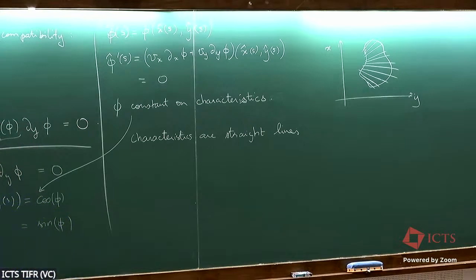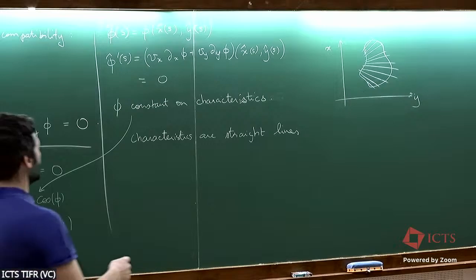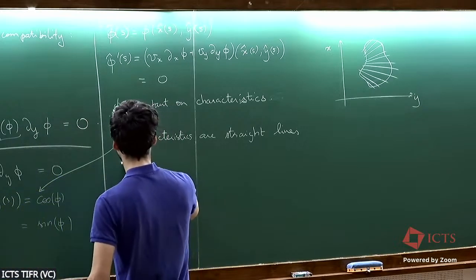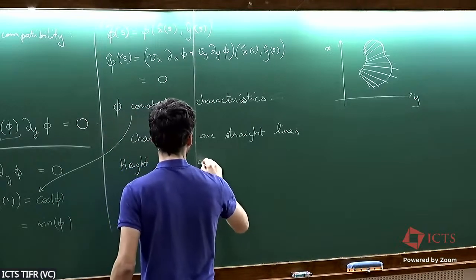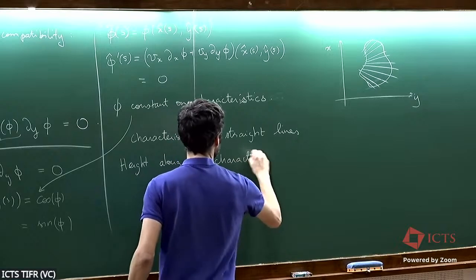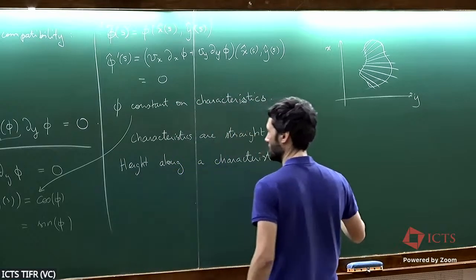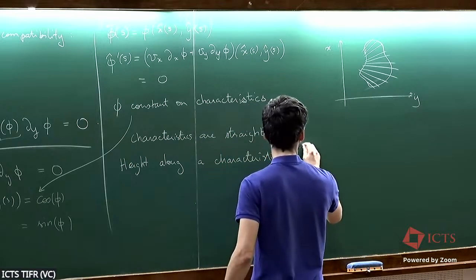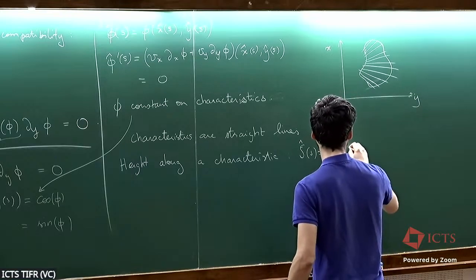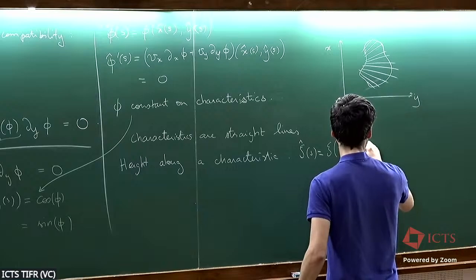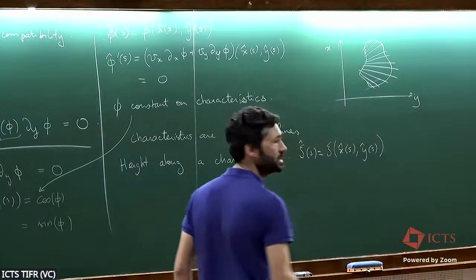So now I will compute the shape of the curve along these characteristics. So now we just have phi, but I know nothing about h, for instance, along these characteristics. So what I want to compute is the height along x, so this is zeta at of s, which is zeta of x at s, y at s.